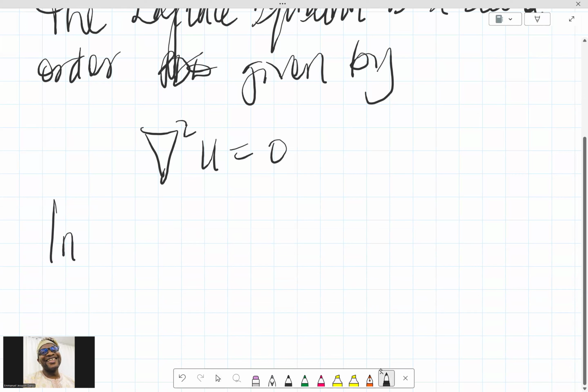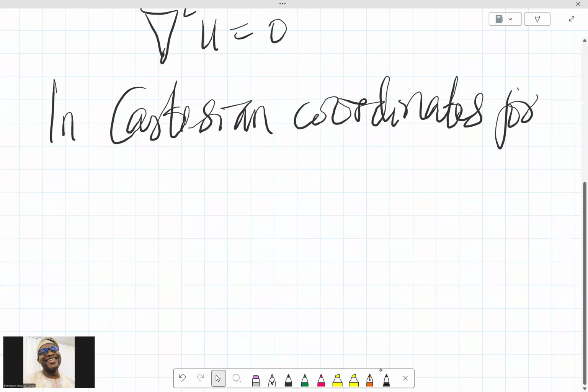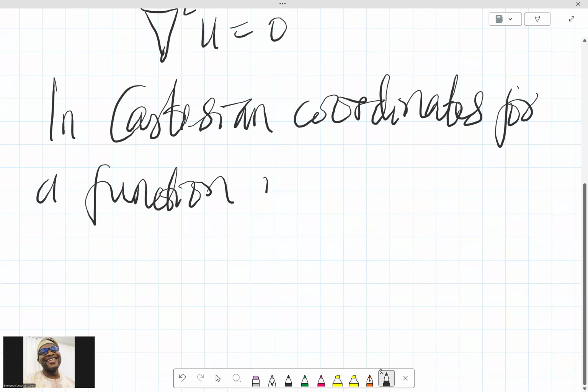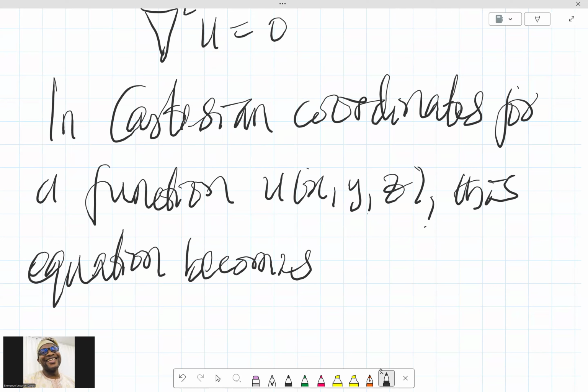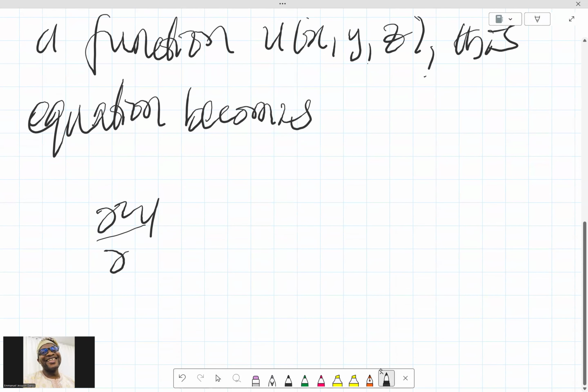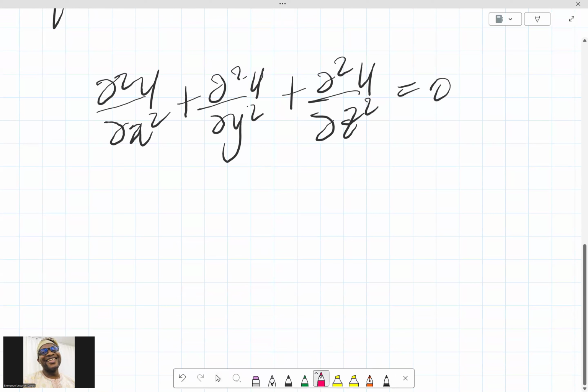So in Cartesian coordinates, for a function u of x, y, z, this equation becomes partial squared u partial x squared plus partial squared u partial y squared plus partial squared u partial z squared equals 0.